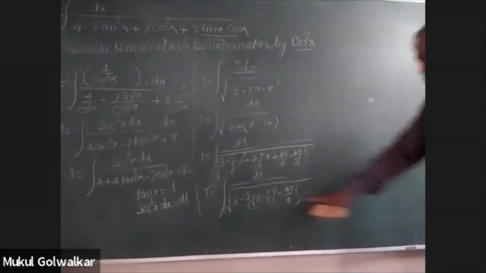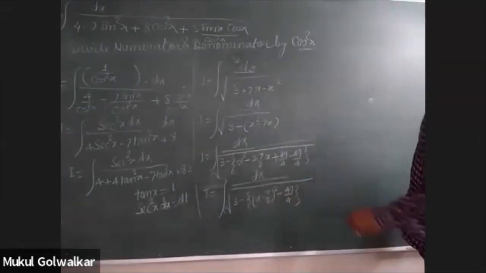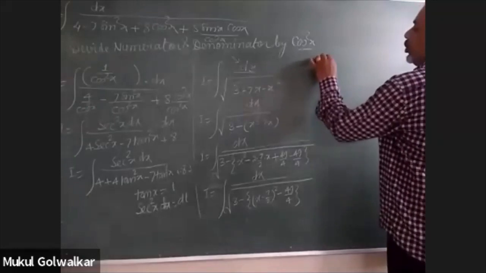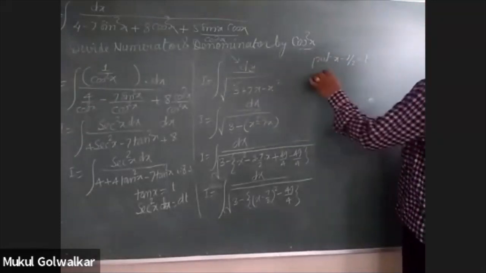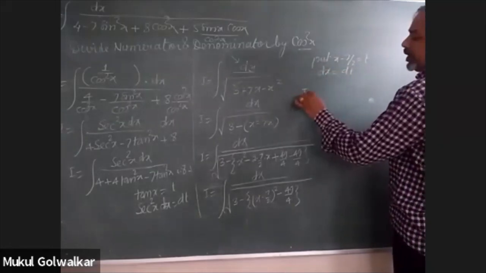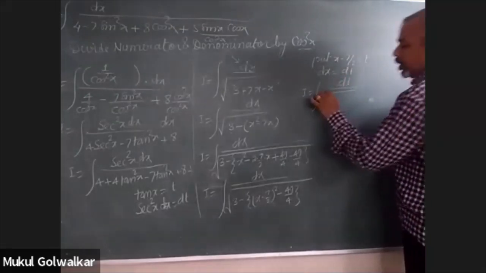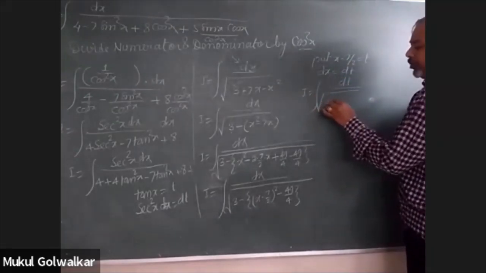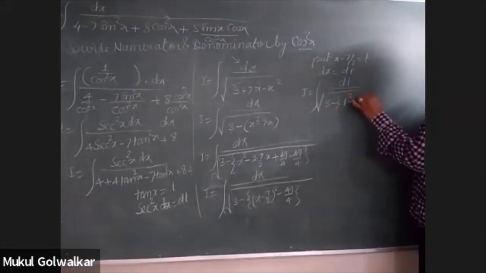Now if we substitute x minus 7 by 2 equal to t, so that dx will be equal to dt, this function will become dt divided by under root of 3 minus, within the bracket, t square minus 49 by 4.